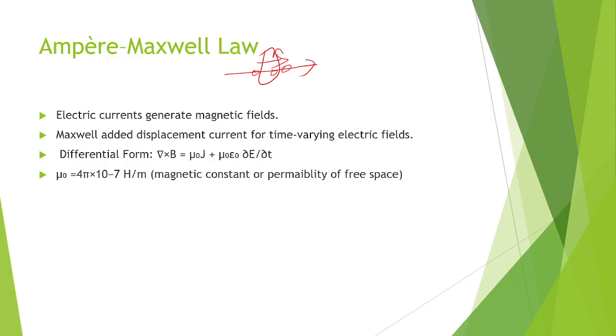If the charge is moving, it creates the magnetic field. But if the magnet is moving, that creates electricity if there is a coil in that region.